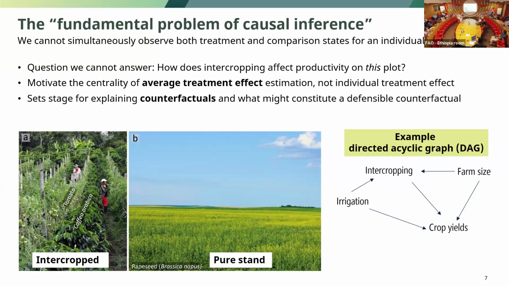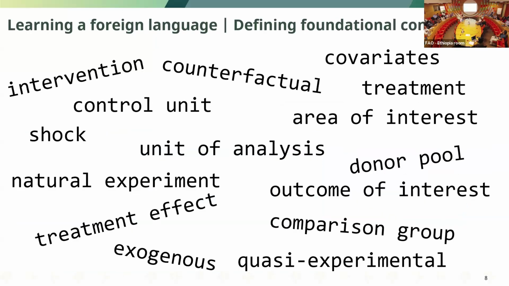And so instead of simply observing the difference between intercropped and pure stand plots, we're seeing the differences between irrigated and unirrigated. So the purpose of causal inference and these impact evaluation methods is to conclusively and convincingly establish a relationship between your treatment and your outcome after having controlled for some of these confounders or other factors.